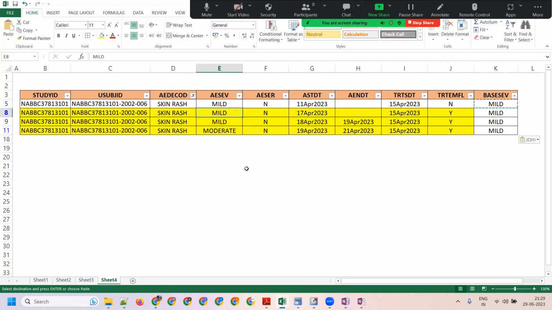Yes or no? Now tell me, this adverse event which happened on the 17th April, which is a skin rash, which is also mild in nature, and my pre-treatment is also mild in nature, can I consider this treatment emergent flag as yes? No, sir. What is it now? N. Right. What about the next one?